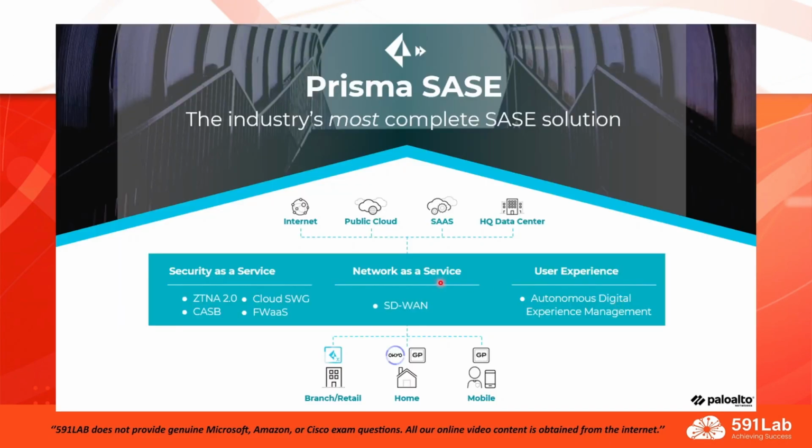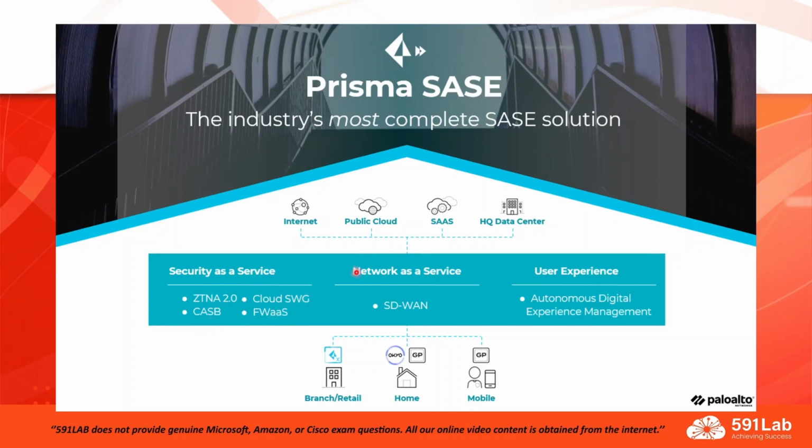The SASE solution in general is as follows. We can use the SASE solution to provide security as a service, which enables SASE to manage ZTNA 2.0, Cloud Secure Web Gateway, Cloud Access Security Broker, and Firewall as a Service.